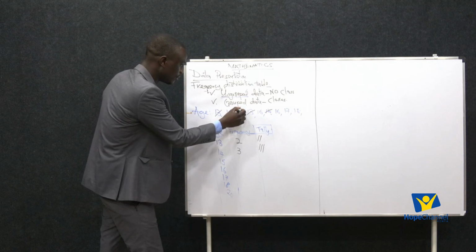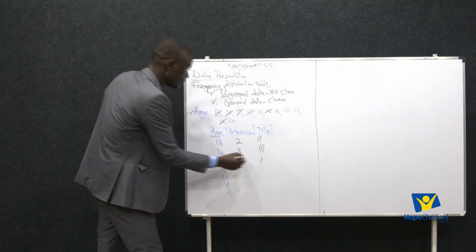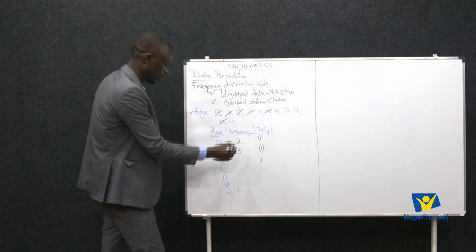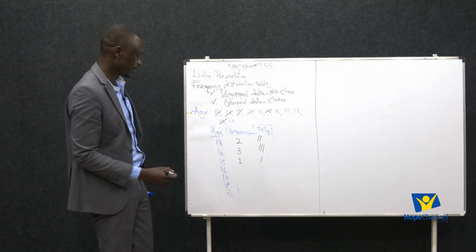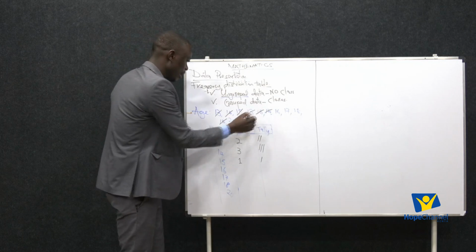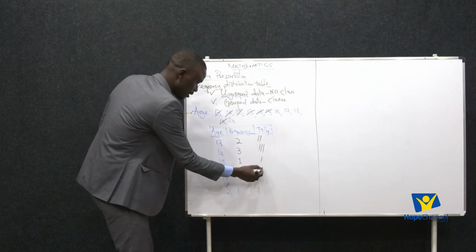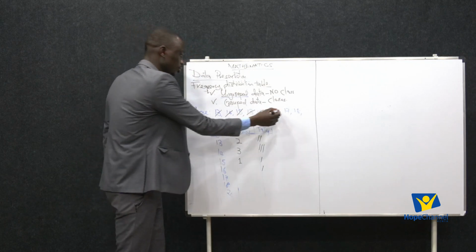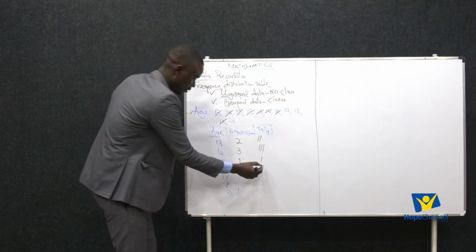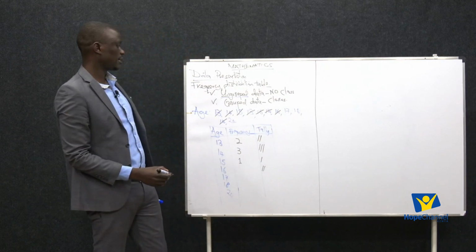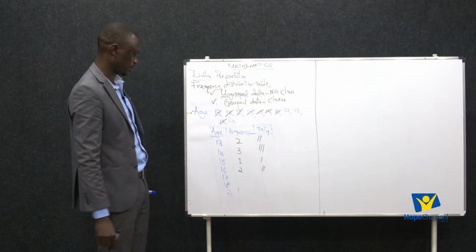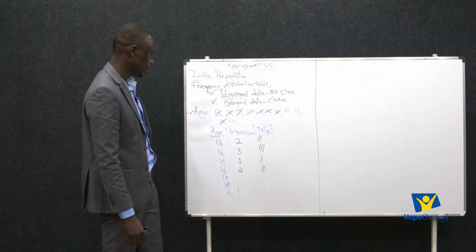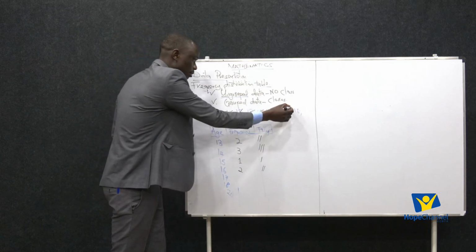15, 1. It is only 1. That's nice. 15 occurs only once. Then 16, 1. Just put that. 2. Put that. That is perfect. So 16 is only occurring twice. Then what about 17? 17, 1.